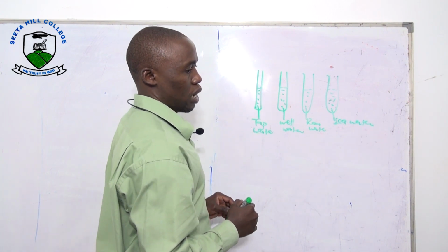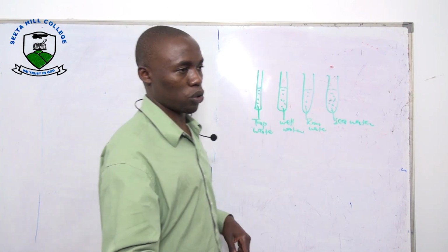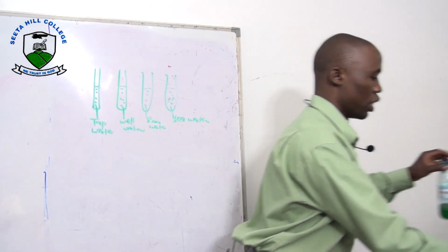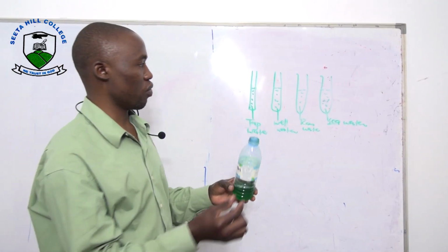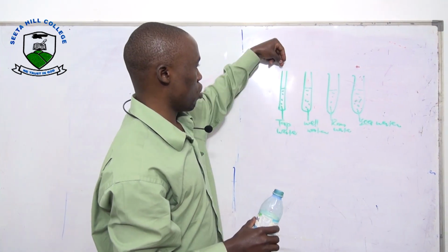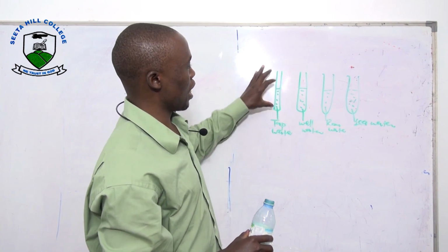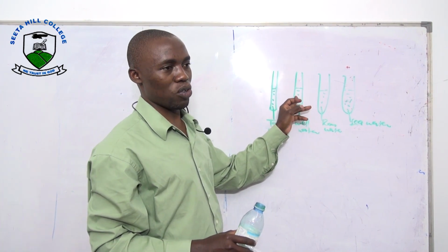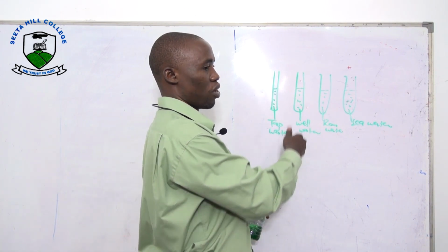Okay. Now to each you add a few drops of liquid soap. You shake for 30 seconds and see if it forms lather. Put the same amount of drops in each, shake for 30 seconds and see if it forms lather.